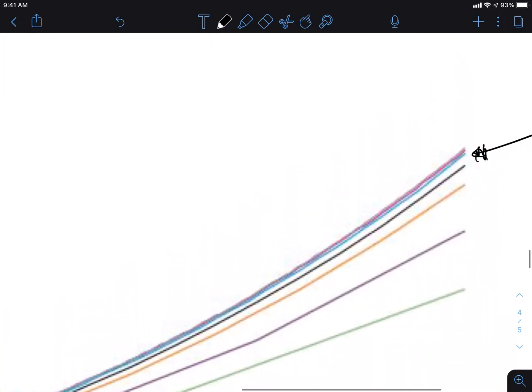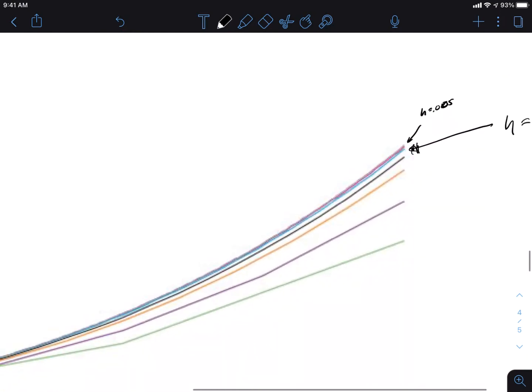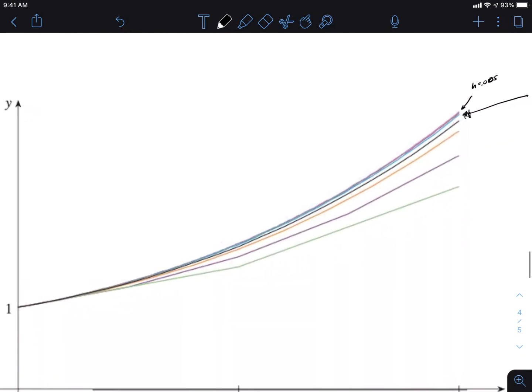It's this blue line. Can you see that? Yes. And then there's even a better line, which is that red line there. That red line is for h is equal to 0.05. Oh, I'm sorry, 0.005, which isn't bad.